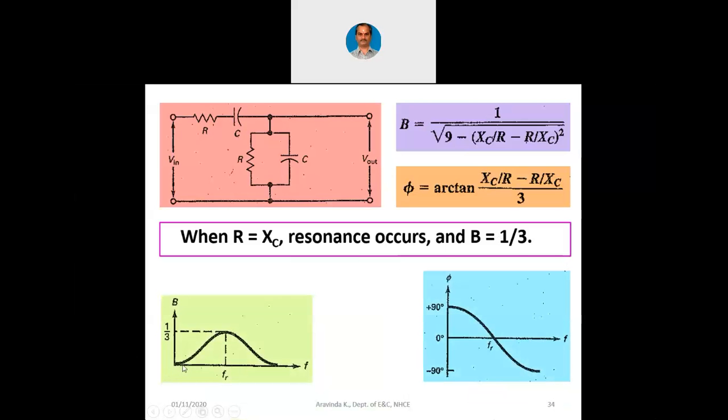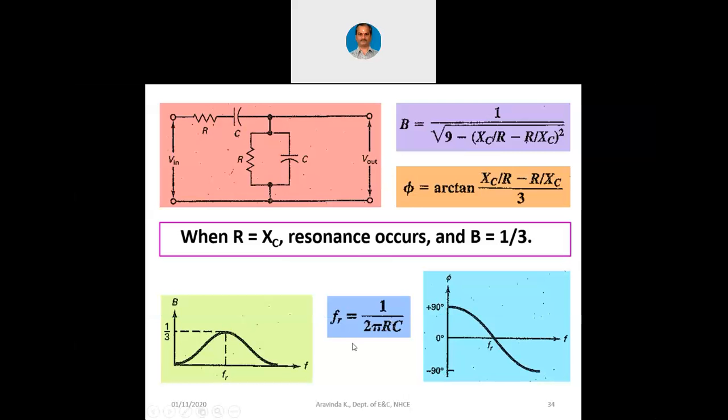Now whenever there is beta 1 by 3, you can see there is a resonance occurring. When the resonance is occurring, there will be a 0 degree phase shift by this particular circuit, and that is when the circuit will start oscillating. You can see at the right side picture where at the resonant frequency, the phase angle is 0 degree with respect to this lead and lag. Otherwise, it is in between plus 90 degree till minus 90 degree.